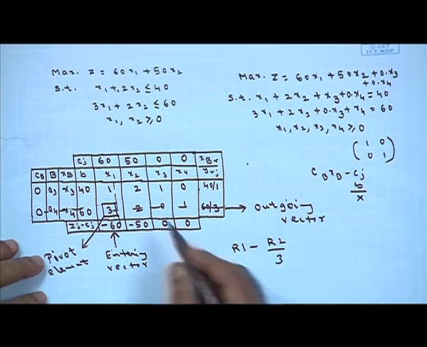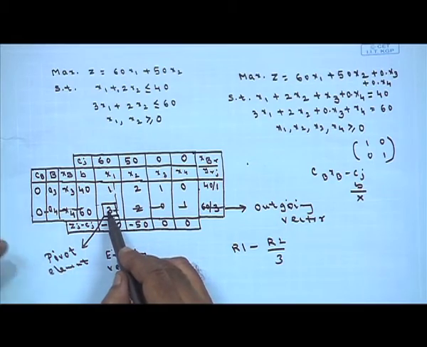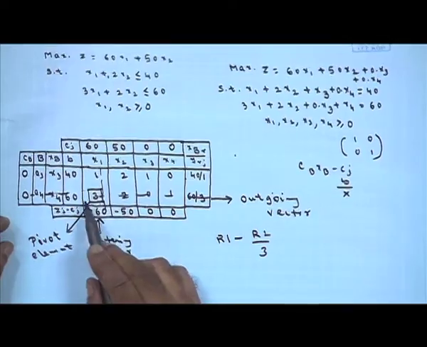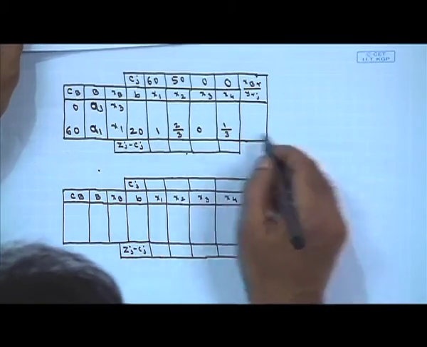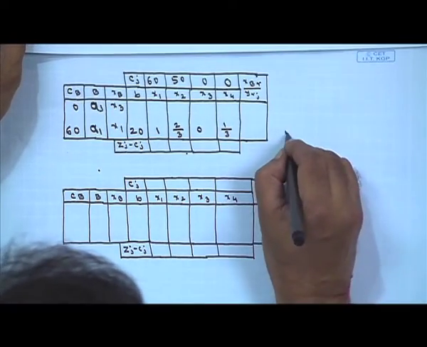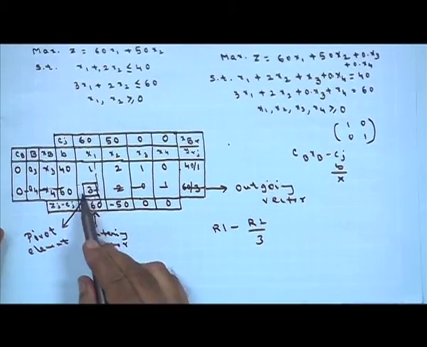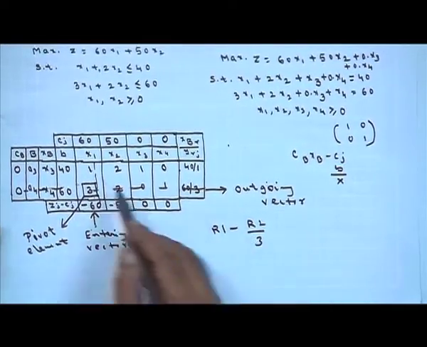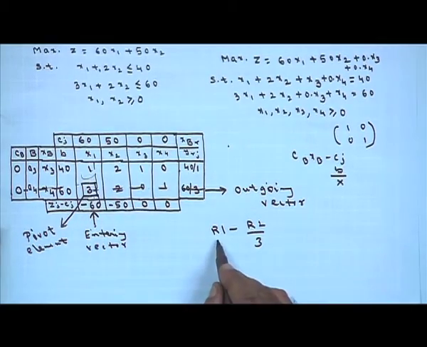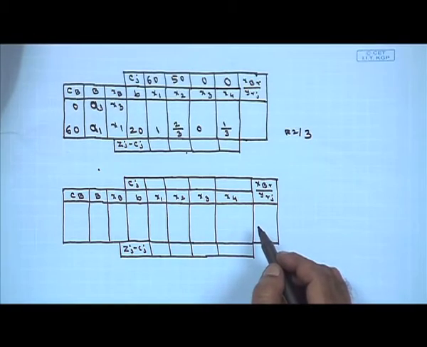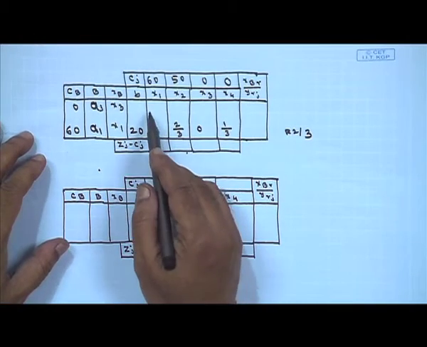So, in the first case I obtained this by making R2 divided by 3 to obtain this element as 1, whereas to make this element as 0, row 1 minus row 2 divided by 3. So, I have to start from here itself.